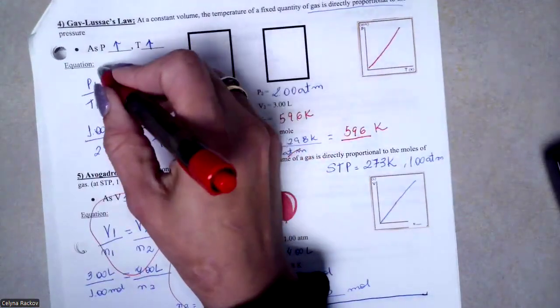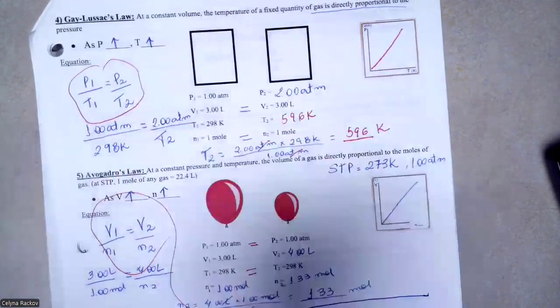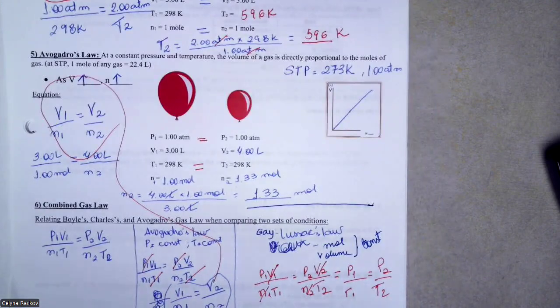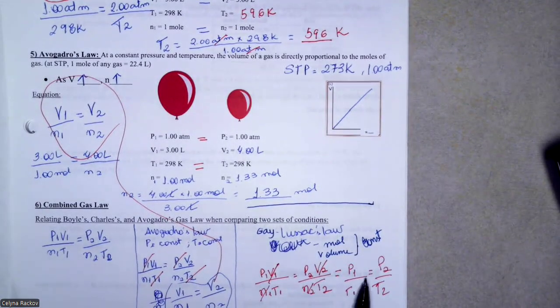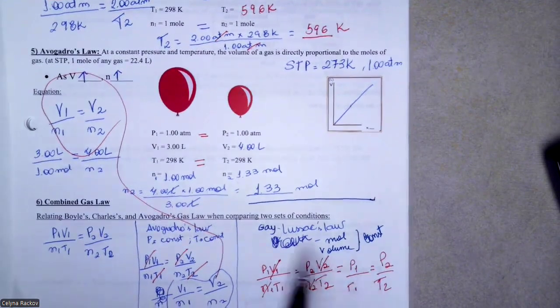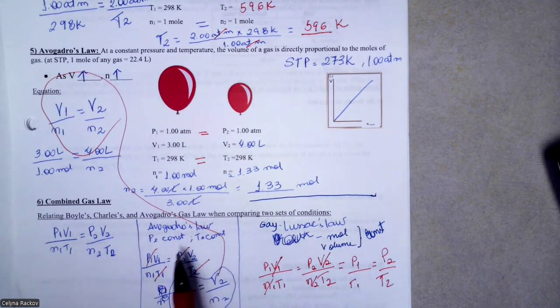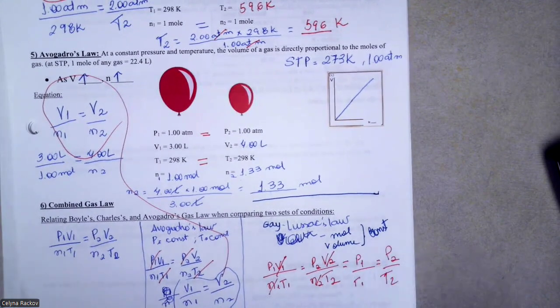That is exactly the Gay-Lussac's law, right? That's in here. So the same thing for the other ones. We do not need to memorize each individual equation. But if you memorize this equation here, you can find all the other ones, depending on what the question gives.